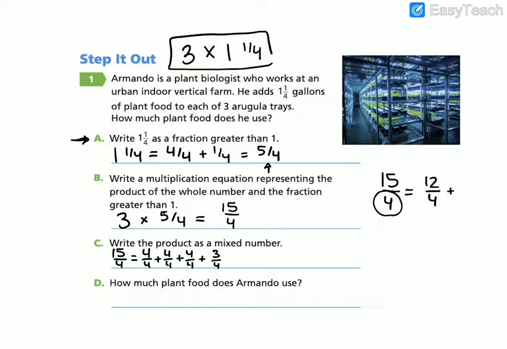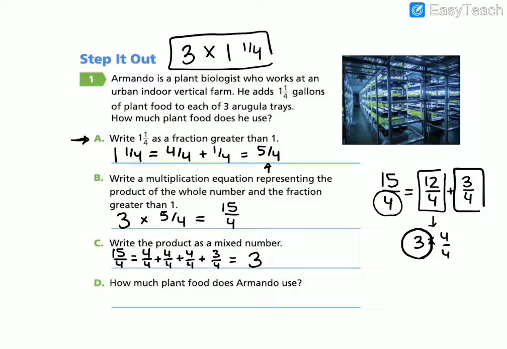So I know it's equal to 12/4 plus an additional 3. I know that 12/4 is the same as saying 3 times 4/4. If I start to think about renaming this way, I know that means there's 3 wholes plus 3 more fourths. So I know that 15/4 is made of 3 groups of 4/4, or 3 wholes, and 3/4.